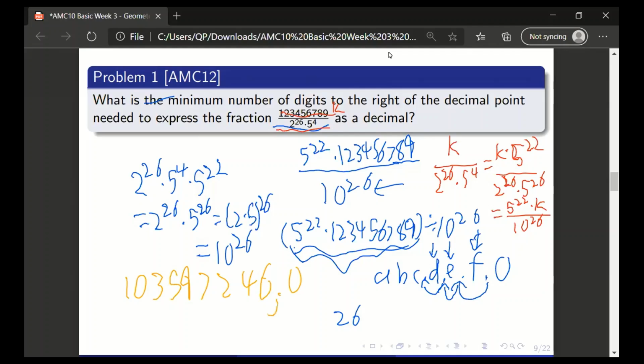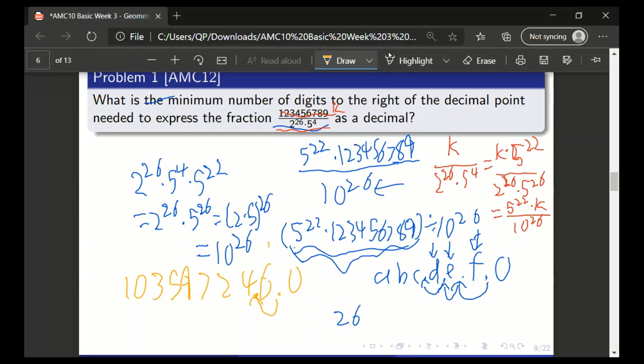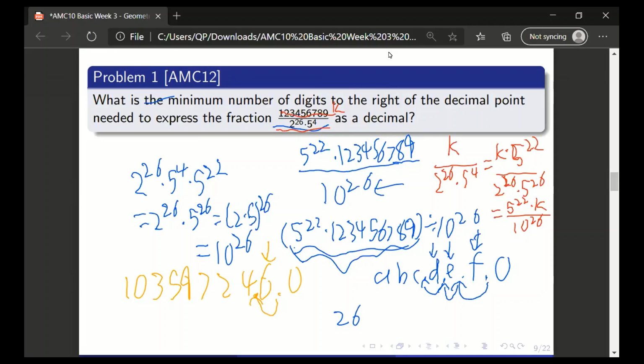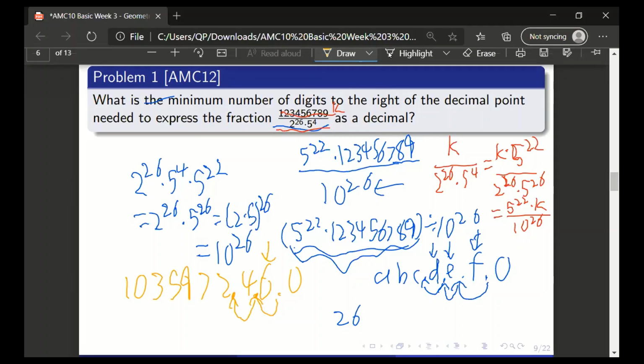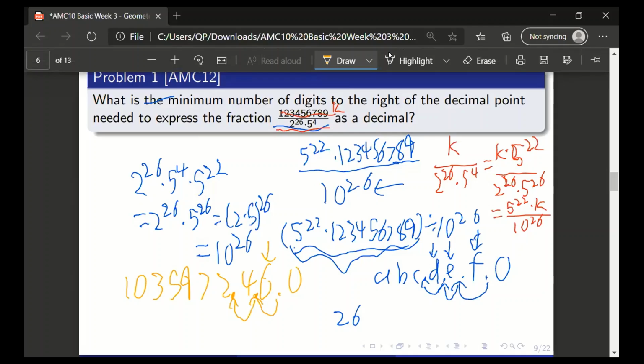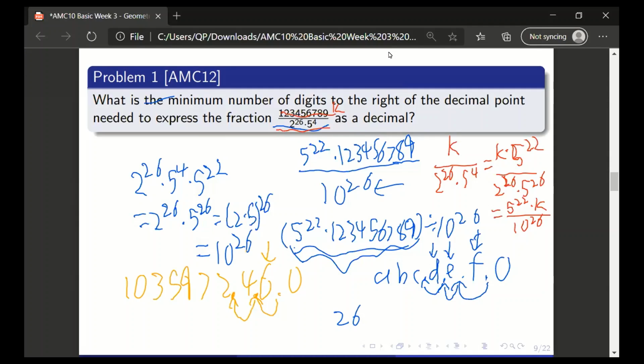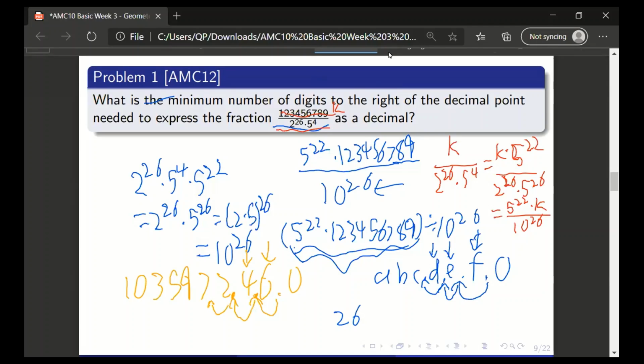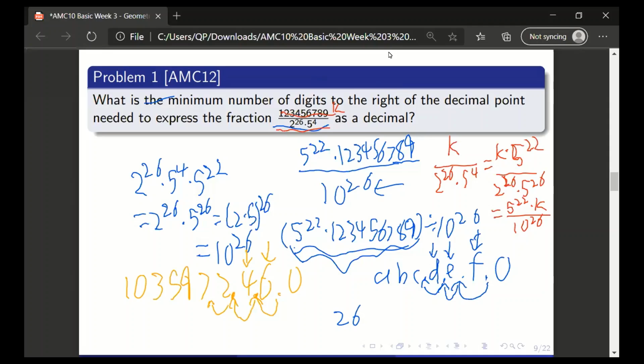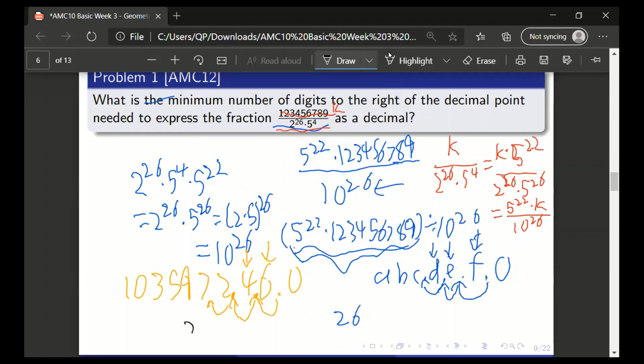And now when you divide this number by 10 once, there is now 1 digit to the right of the decimal point. And when you divide it by 10 squared, there are now 2 digits. That tells you that there's 26 digits to the right of the decimal point.